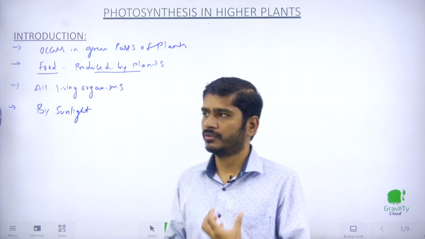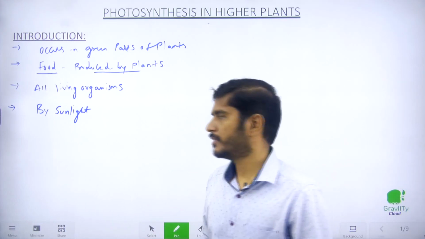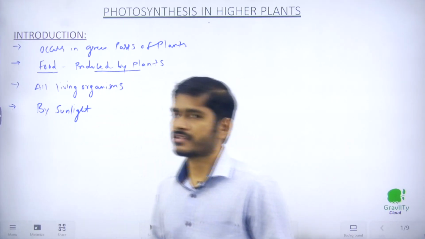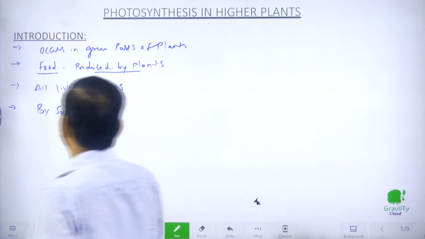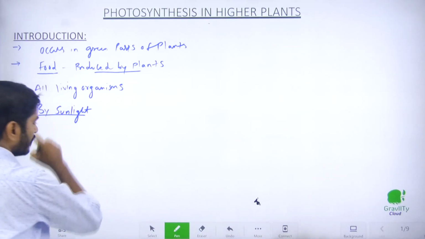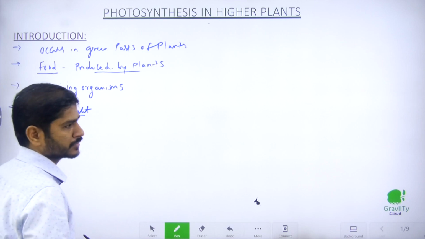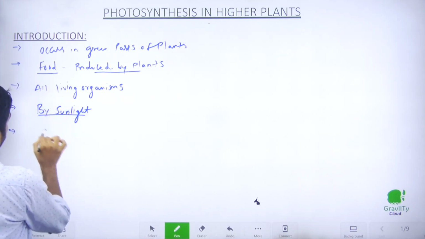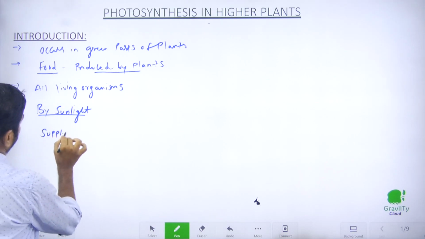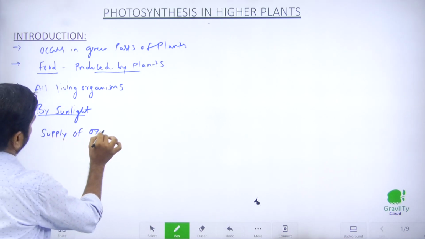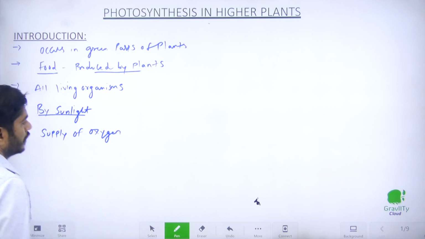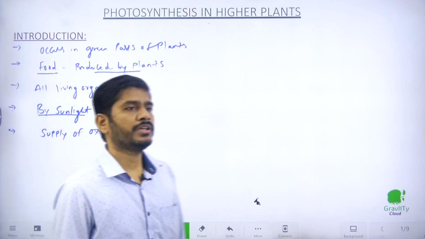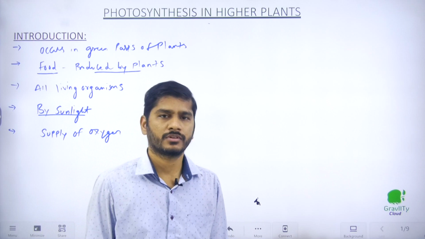So it is transformed in such a way that we take it as food. Without sunlight this cannot happen. Definitely there should be sunlight, and moreover supply of oxygen. Supply of oxygen is one more important aspect in the case of photosynthesis.